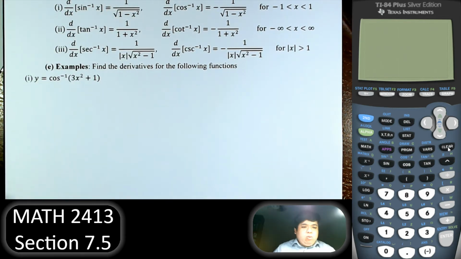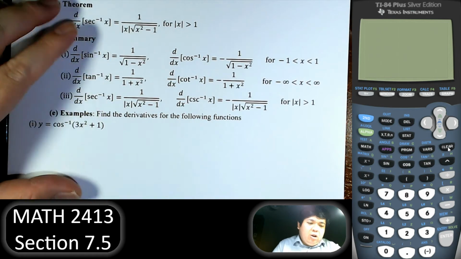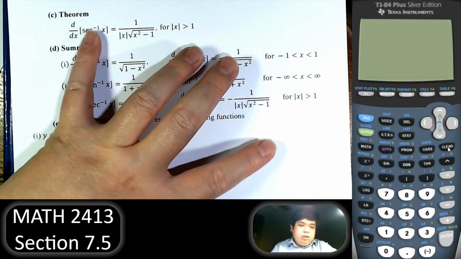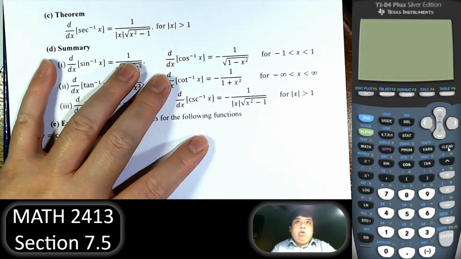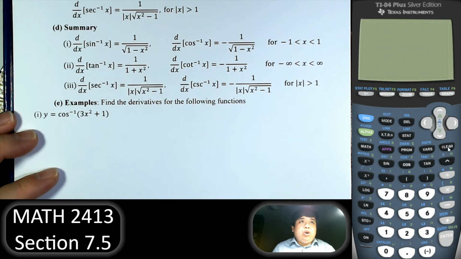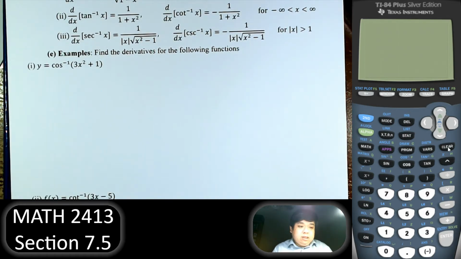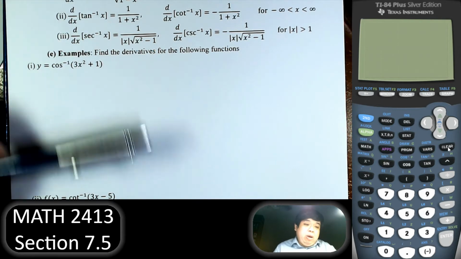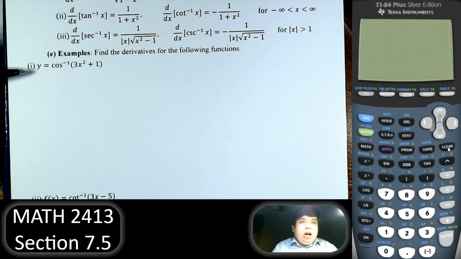Now, let's work something a little more complicated. Of course, we have all the derivative rules for all the inverse trig functions. It's going to be like that. Now let's do that by hand. By that I mean you don't need to memorize all of this. So let y equal cosine inverse of 3x squared plus 1.